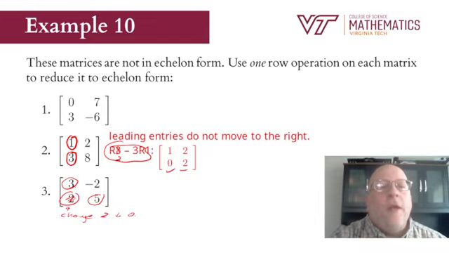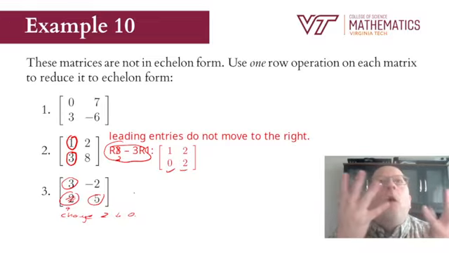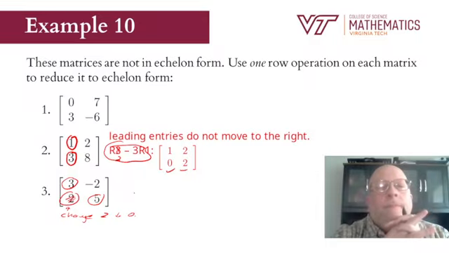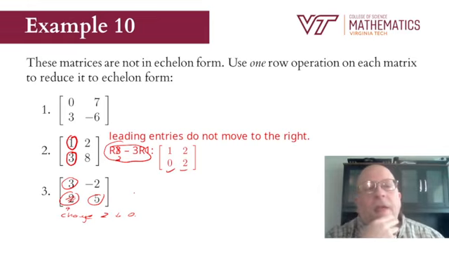Which means I want to find a linear combination of 2 and 3 that add up to 0. So the easiest way to do this is to think about what their lowest common multiple is. And that lowest common multiple is 6. If I scale one of these to be 6 and one of these to be negative 6, then when I add them together, they cancel out.